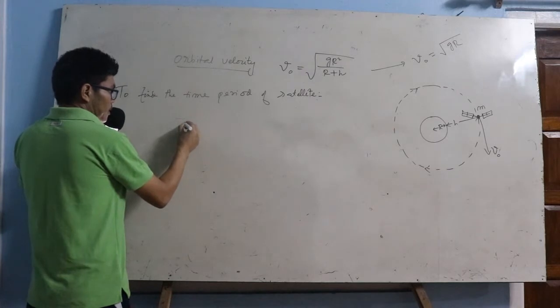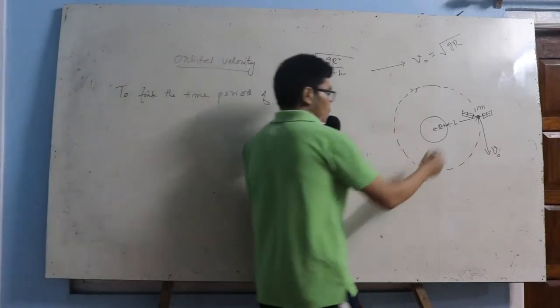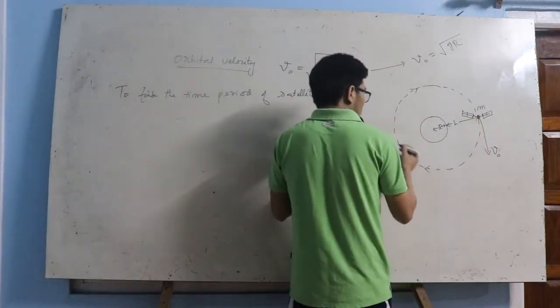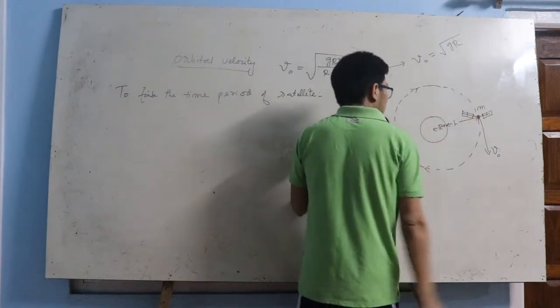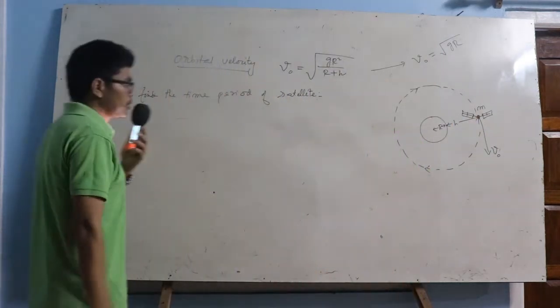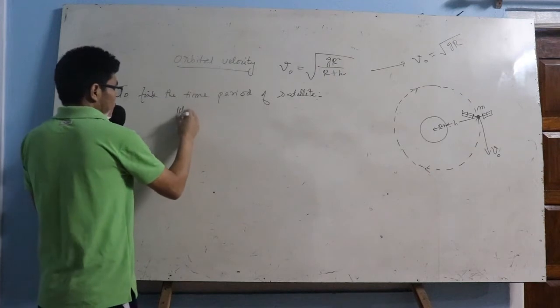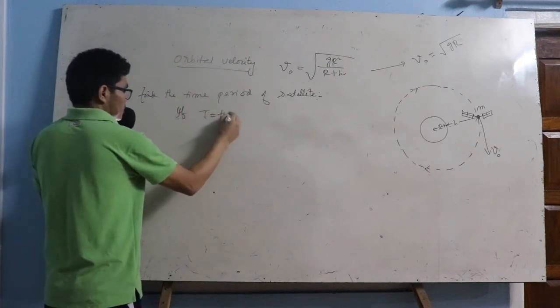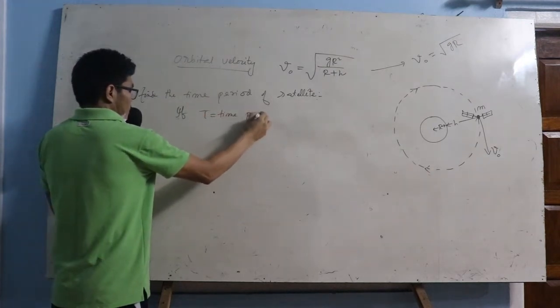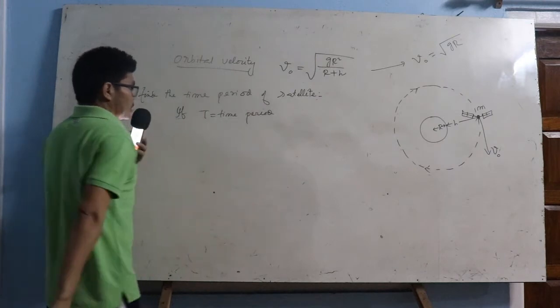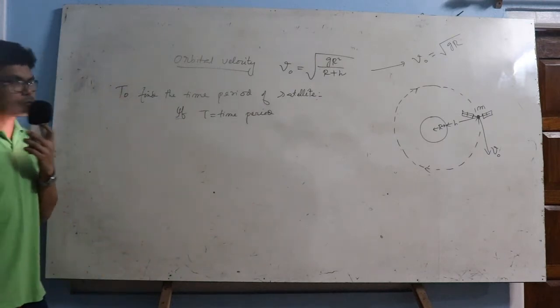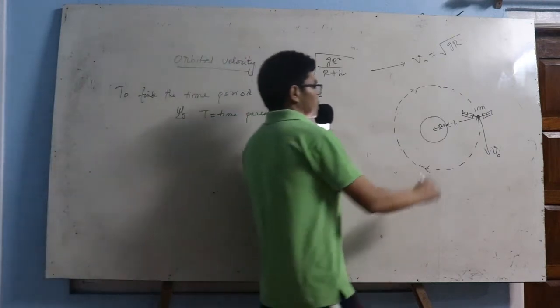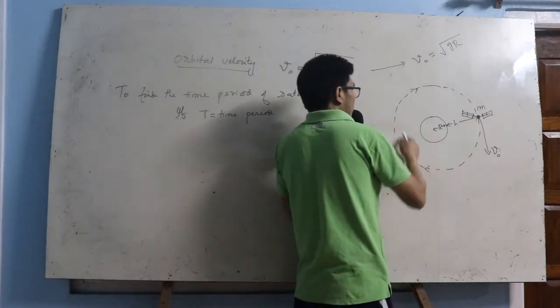Then the total time taken to complete one full cycle, let us see what that is. If T is equal to time period, it means the time taken by the satellite to make one full cycle around the earth.